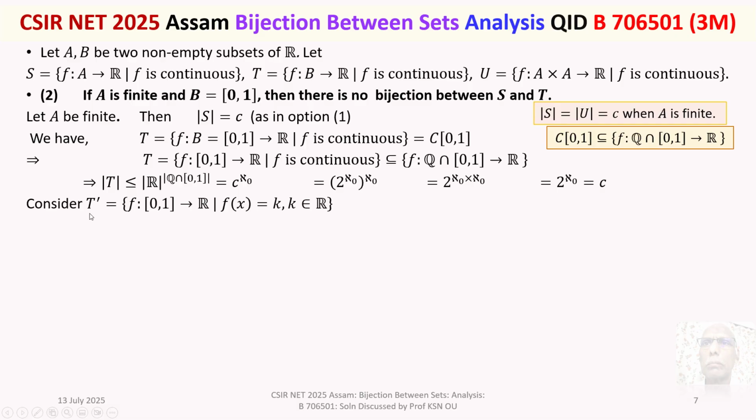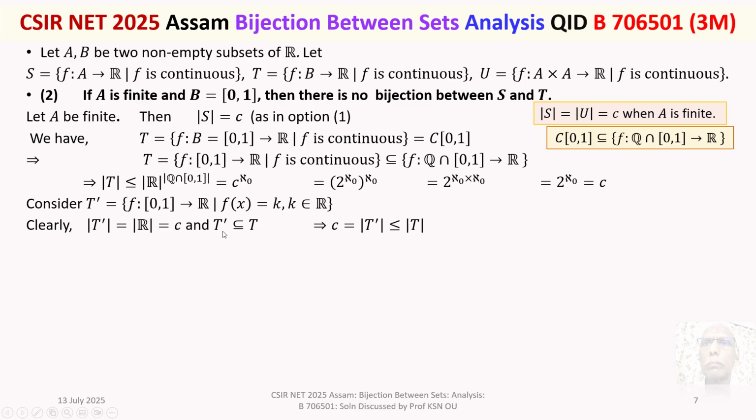Therefore, T prime is contained in T. And the cardinality of T prime is the cardinality of the set of all those k, k belongs to R, which is precisely the cardinality of R. So the cardinality of T prime is equal to the cardinality of R, which is C.